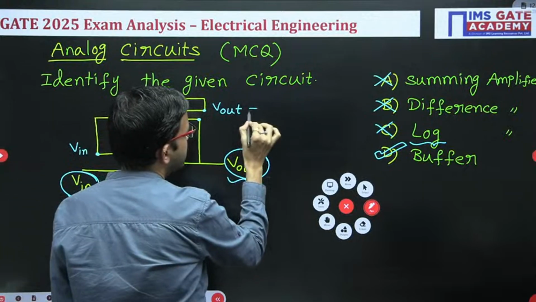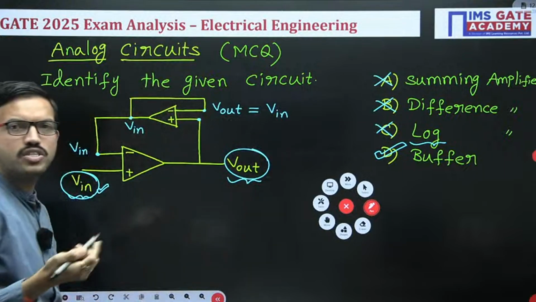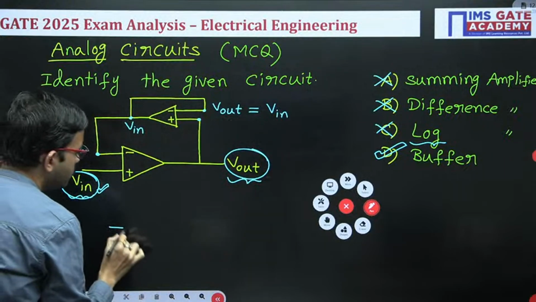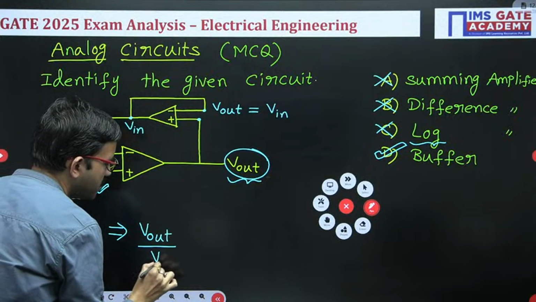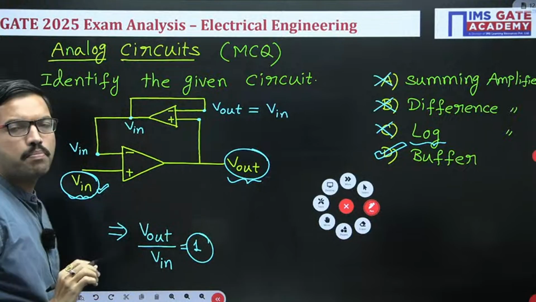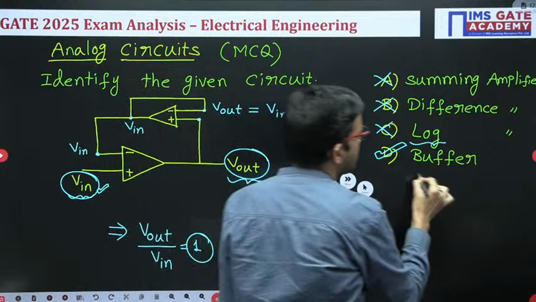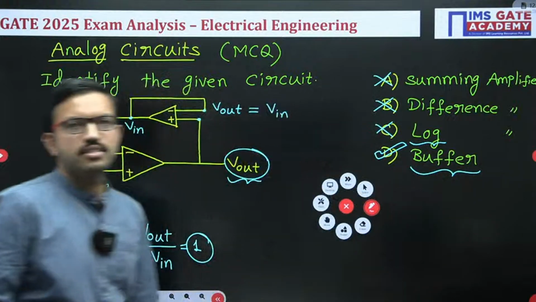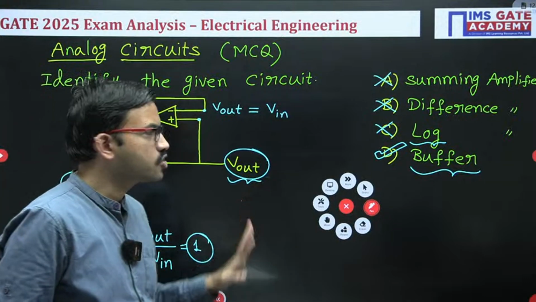So here V out equals Vn. From there, if you take the ratio, V out divided by Vn is nothing but 1. Whenever the gain of the amplifier is 1, that is nothing but buffer. Unity gain amplifier or buffer, all are one and the same. I hope all of you attempted this question correctly.